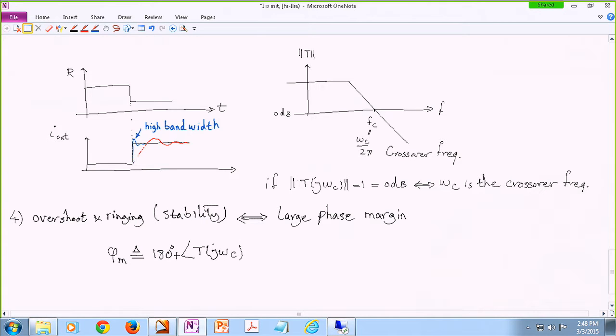On the Bode plots, you find the crossover frequency, then you look at the angle graph and see what your angle is, then add another 180 degrees to it. That's your phase margin. In order to have a large phase margin, or a stable system, your phase margin is recommended to be more than 45 degrees. If your phase margin is negative, your system is unstable, but you want to be away from that, with 45 degrees anyway.